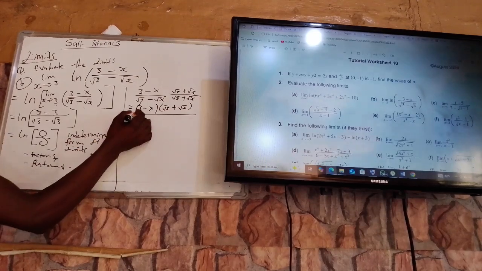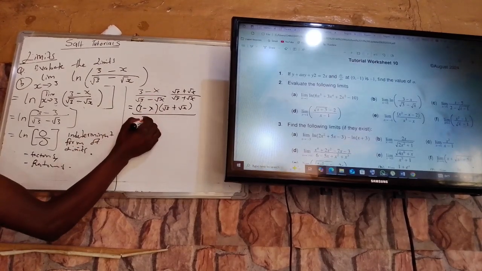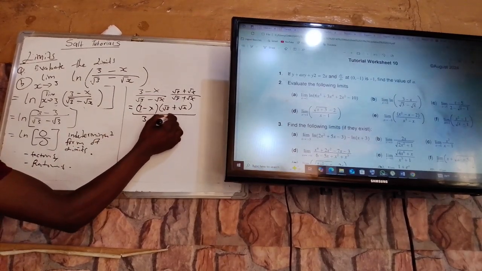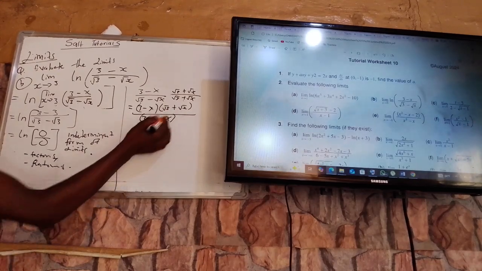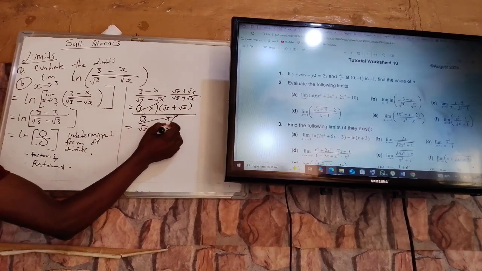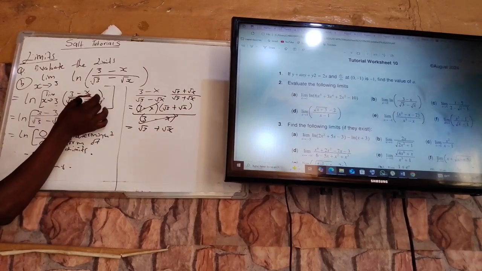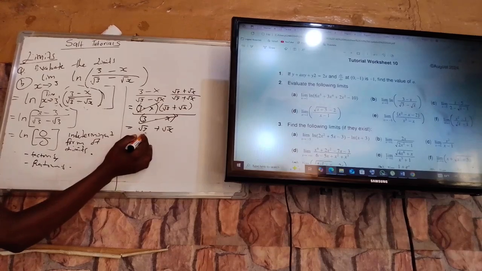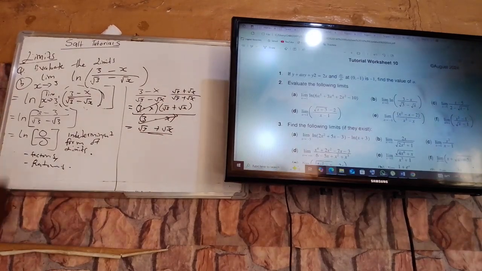This is the difference of two squares. This squared to be 3, this squared to be x. So this and this can go, and I'll remain with root 3 plus root x. So instead of using this original function, we are going to use the simplified version, which is this. That's what we mean by simplify your function.